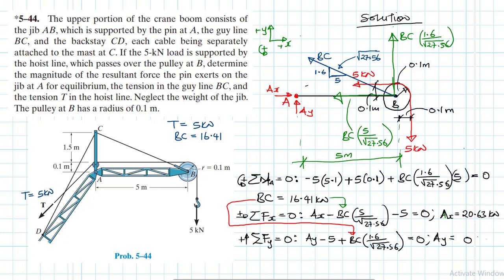Oh, no, when you work with pounds so much. So 16.41 kilonewtons. And we have Ax equal to 20.63 kilonewtons, and then we have Ay equal to 0 kilonewtons.